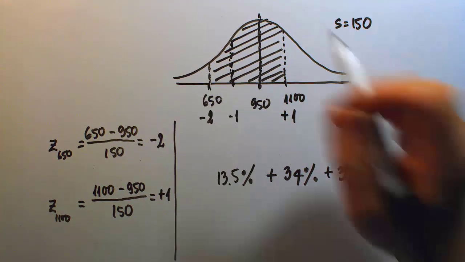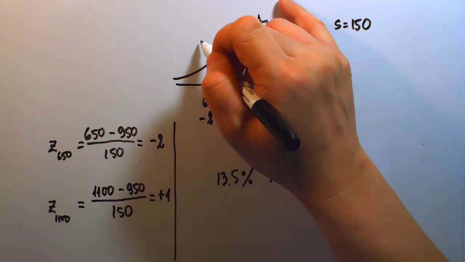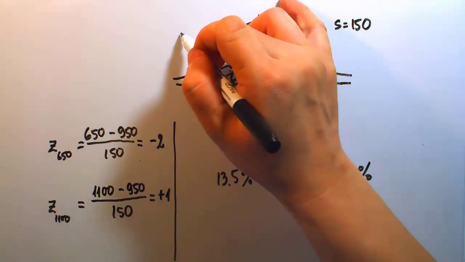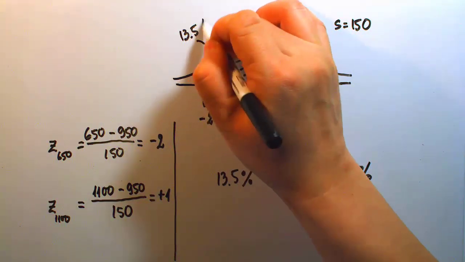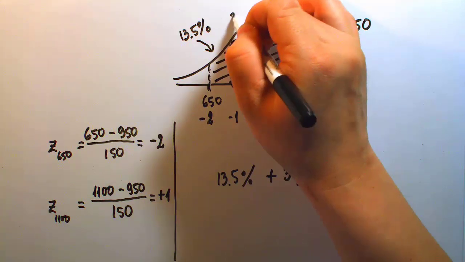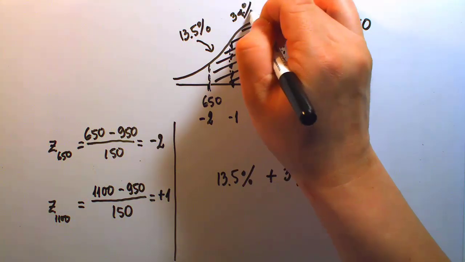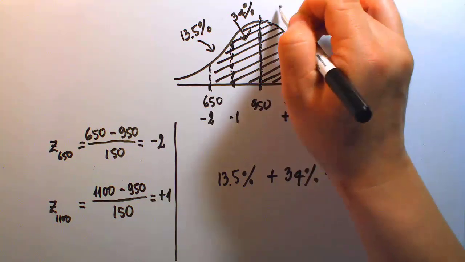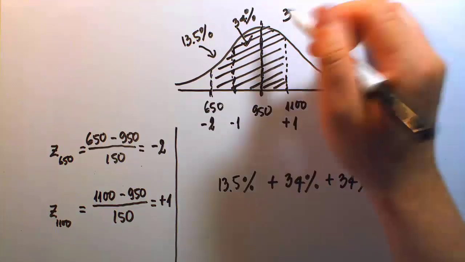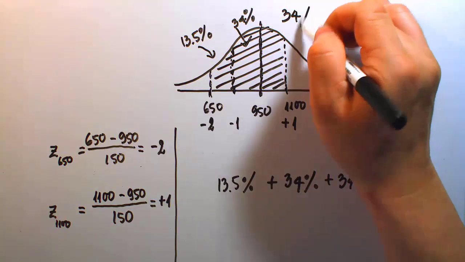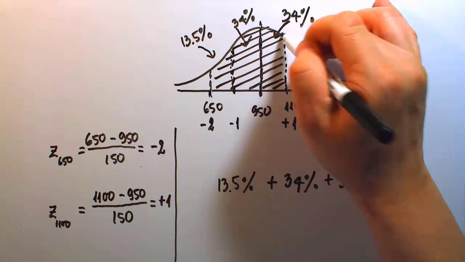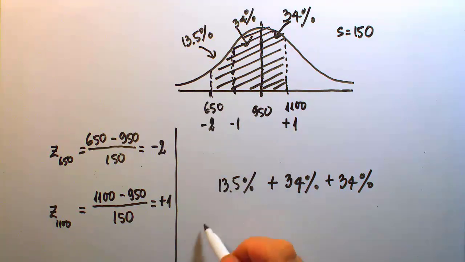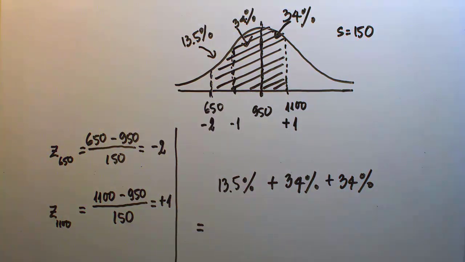And of course, it's never bad to rewrite into your hand sketch that this is 13.5%. There's a 34% here in this area. Okay, and there's another 34% here. Okay, and now altogether the calculation comes out to be 81.5.